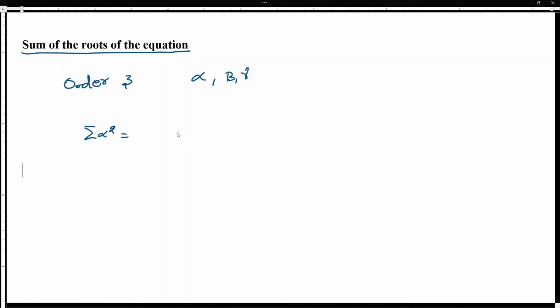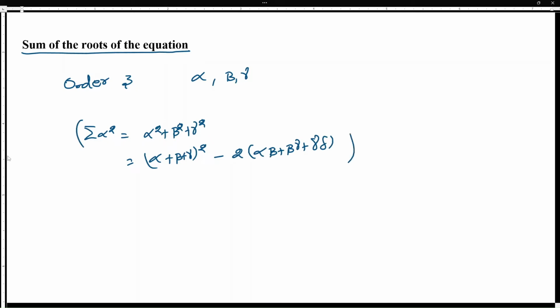It can be written as alpha plus beta plus gamma the whole square minus 2 times alpha beta plus beta gamma plus gamma alpha. Then you know the drill, how to find alpha plus beta plus gamma, how to find alpha beta plus beta gamma plus gamma alpha. Then easily you can complete the remaining part.